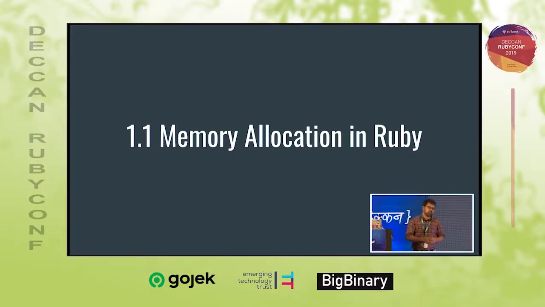That cost is basically the memory. The first part we will look into is memory allocation in Ruby and how that works. Whenever a Ruby program is working and more objects are allocated in the process, and Ruby knows that more RAM is required, it asks the operating system to give it more RAM. But this operation is pretty expensive in terms of processing.